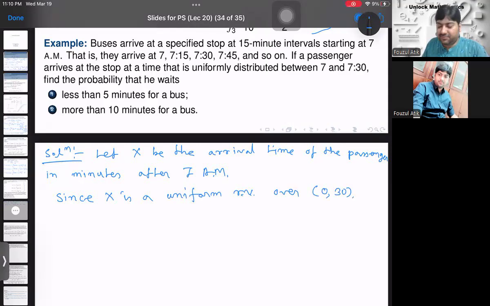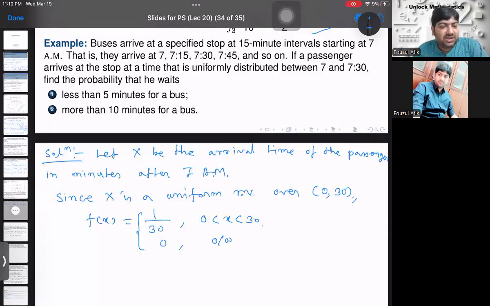So what is the PDF of it? The probability density function of it is 1 by 30 minus 0, that is 1 by 30, for 0 less than x less than 30 and equal to 0 otherwise. So this is the probability density function we got.